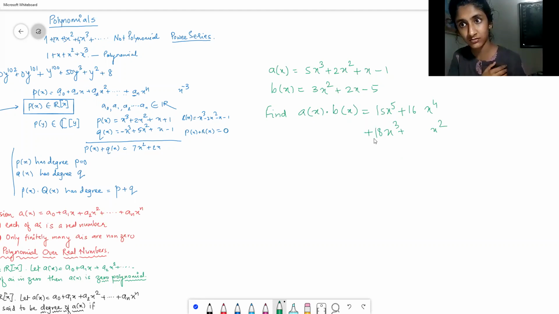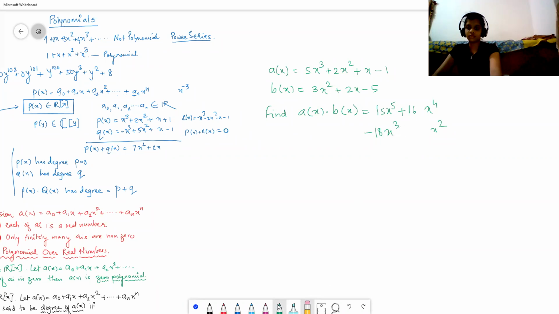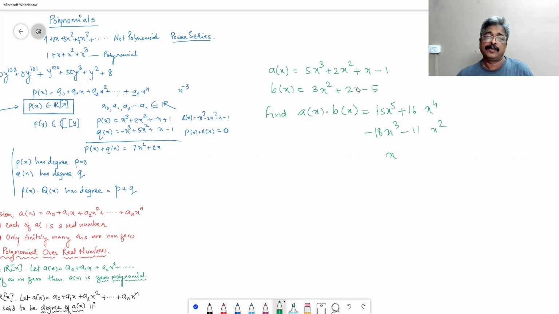Minus 18, yes. X square, I cannot get x square here, minus 10 plus 2, 8, minus 8 minus 3, minus 11. Coefficient of x, minus 5 minus 2, 7. Constant 5. Is that correct? So this is what is the product.